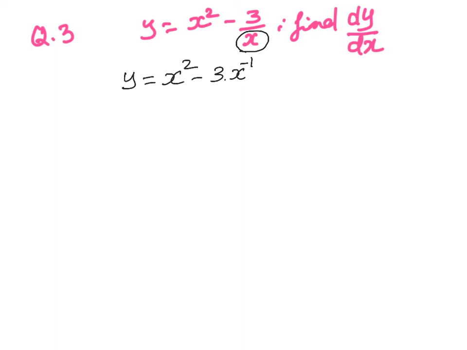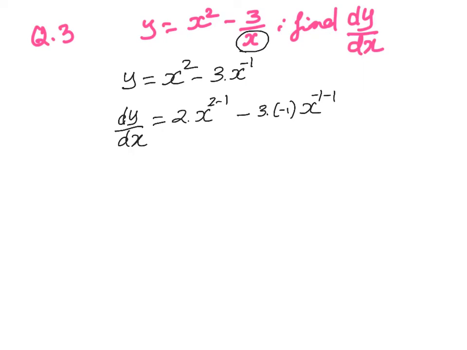Write in exponents. Then I apply the rules of differentiation to each of these terms. So here, this 2 will come as the coefficient of x, and I reduce the power by 1. Again, it's 3 times negative 1. My exponent is negative 1, and I reduce the power by 1, that is minus 1.